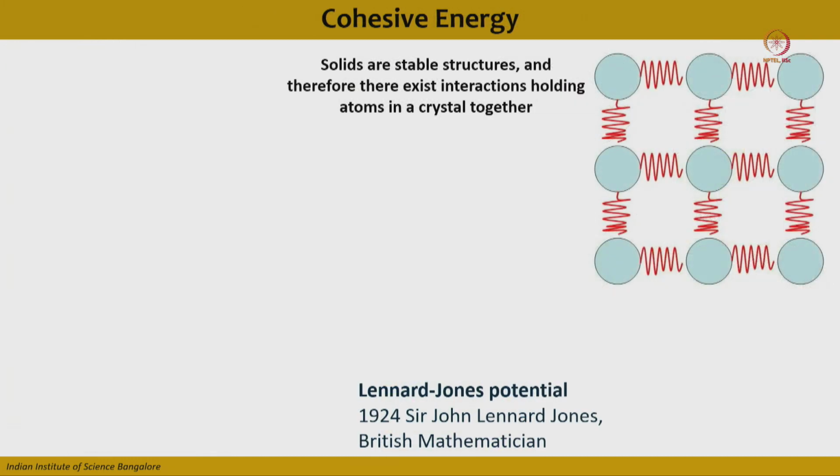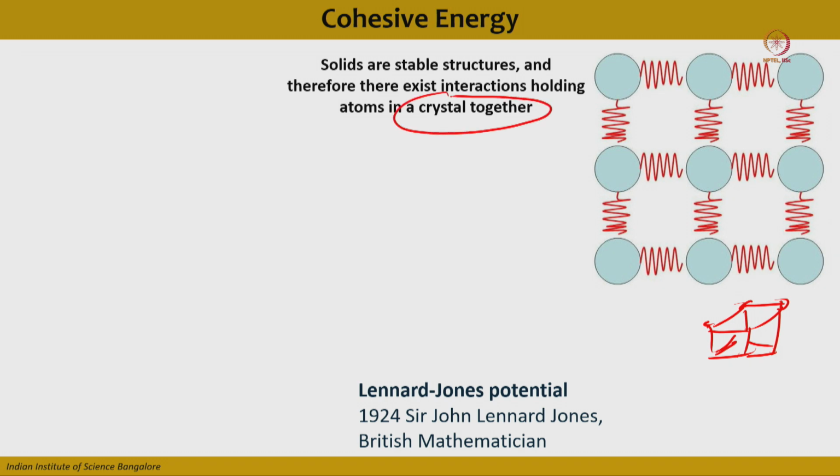Fine. So another important part. As we discussed about the crystal structure, correct, these atoms are arranged in a periodic fashion. Now between the atoms in a solid there exists an interaction. These atoms are held together to form a crystal.